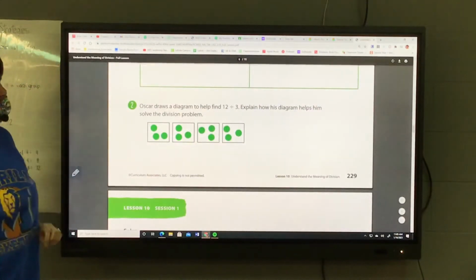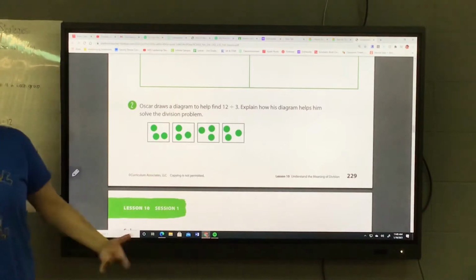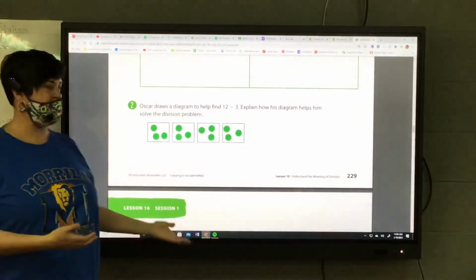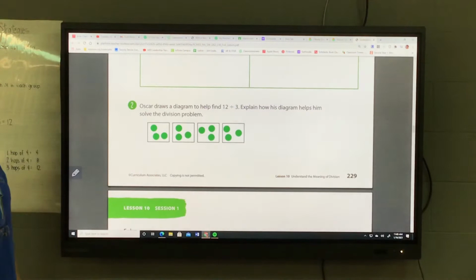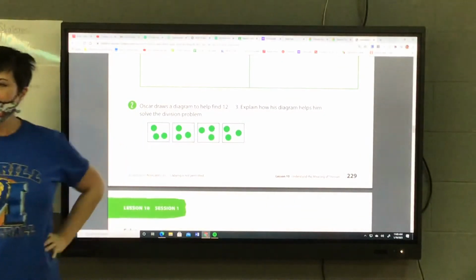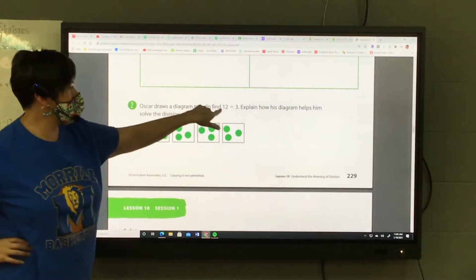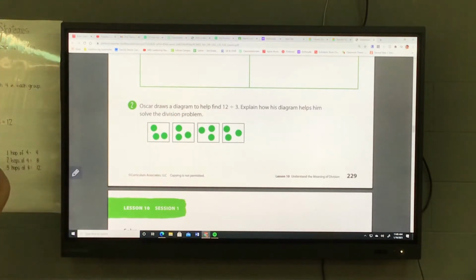Let's look at the bottom. Oscar draws a diagram to help find 12 divided by 3. Explain how his diagram helps him solve the division problem. Let's talk about this. How can this diagram help solve this equation, 12 divided by 3?